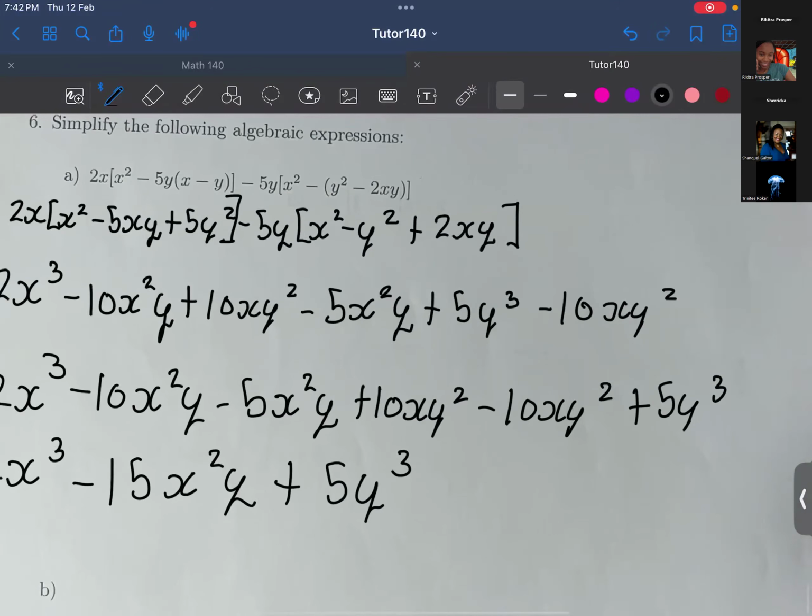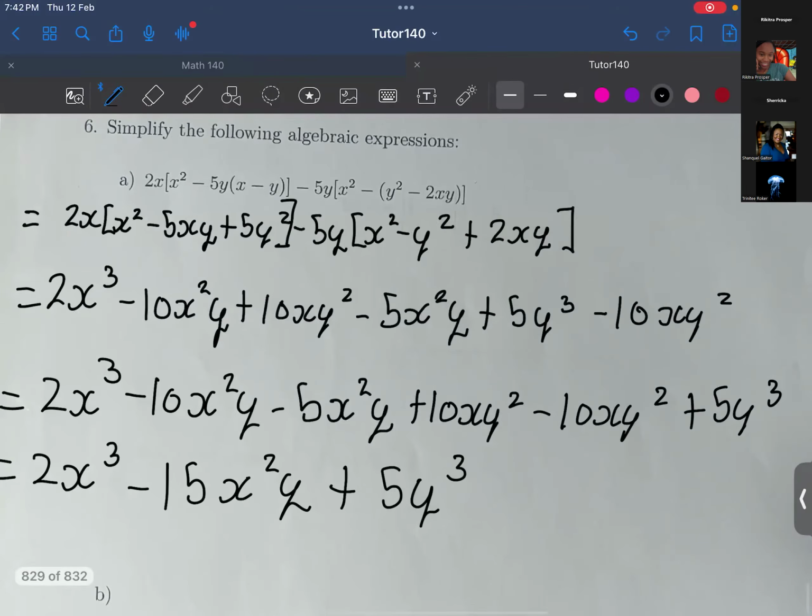And let me just check, make sure I made no errors. 10x squared y.